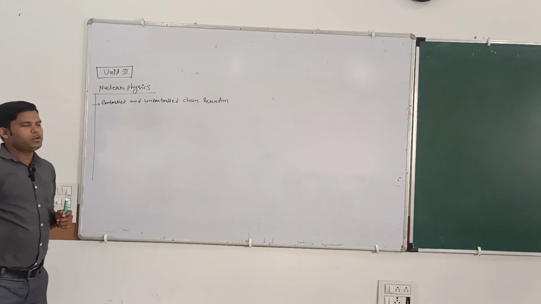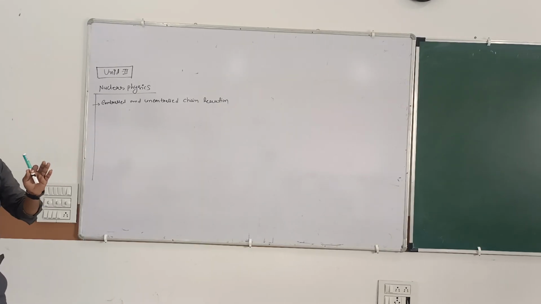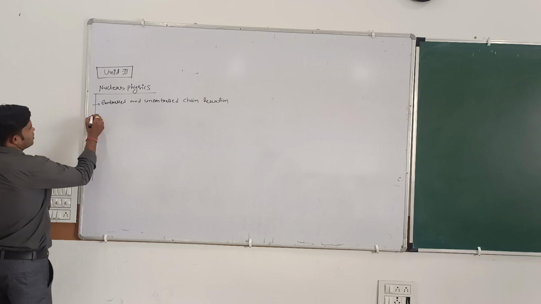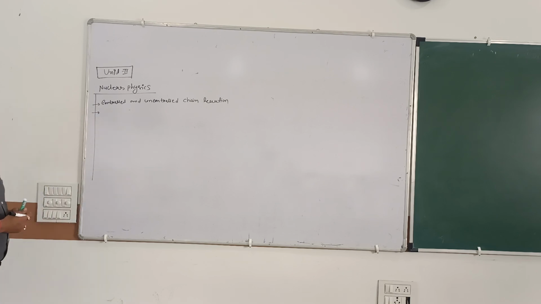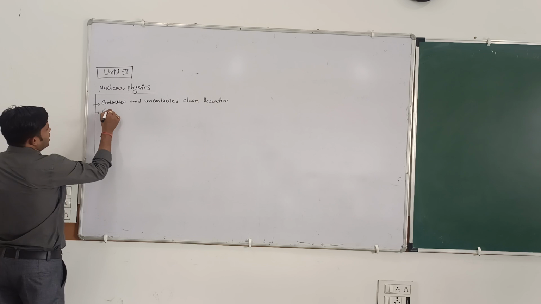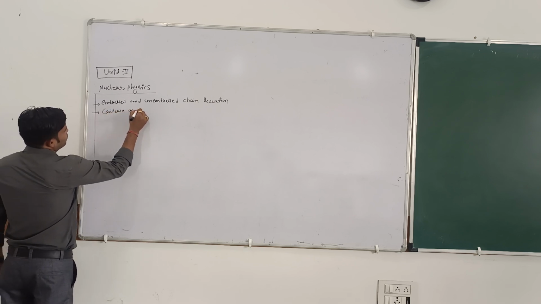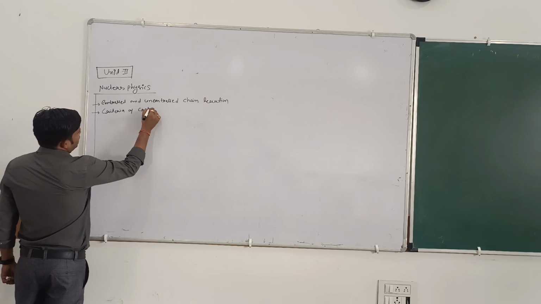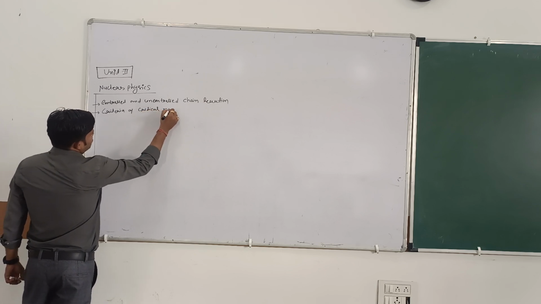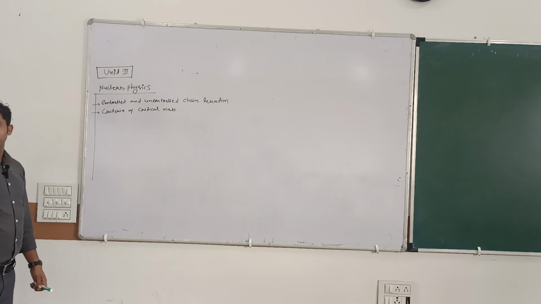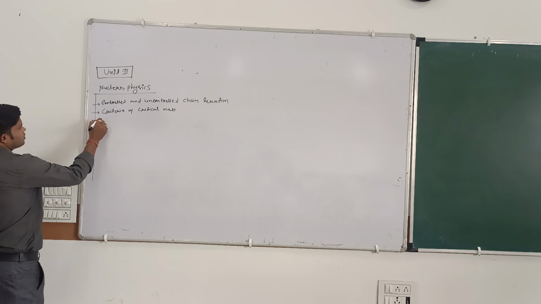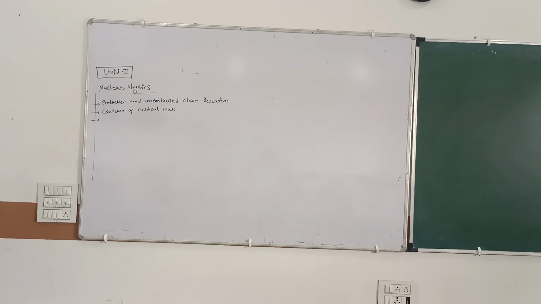First topic is controlled and uncontrolled chain reaction. Second point, criteria of critical mass.